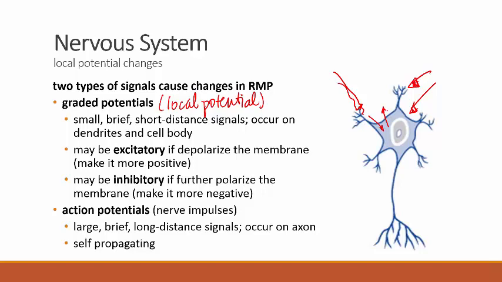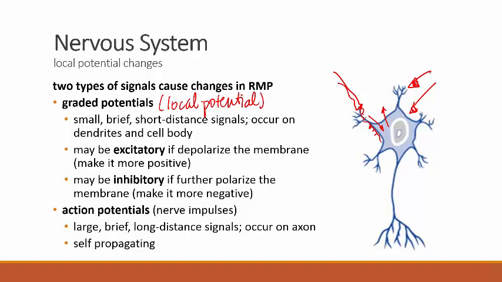And so that graded potential can spread, so that nearby voltage gated channels may open up in response to the chemically gated channels opening, causing a small potential change that will open other nearby voltage gated channels. And so we can see the short spread of a very small, brief potential change.